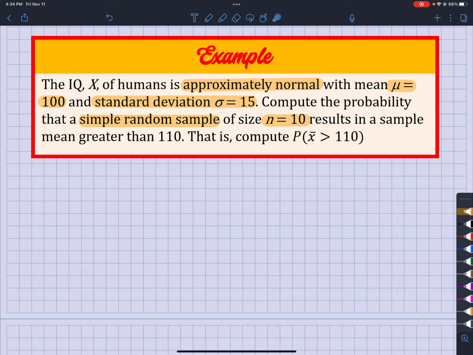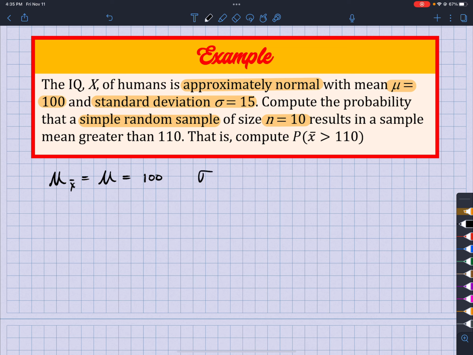So what I know is that the mean of this sample mean is going to equal the mean of the population. In this case, this is going to equal 100.